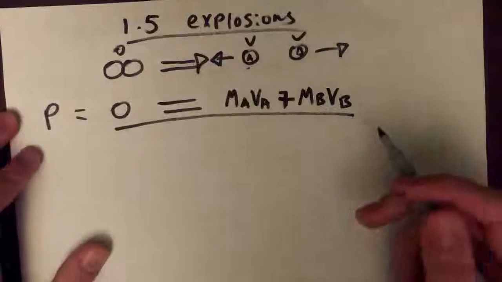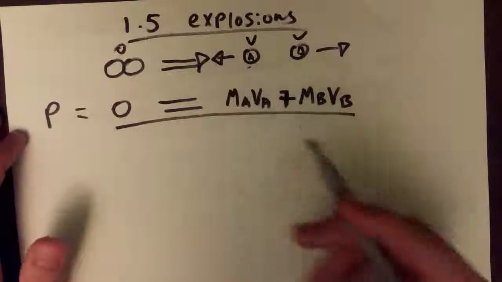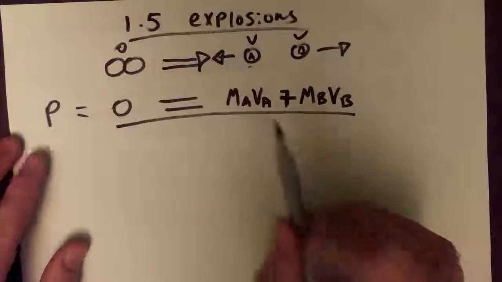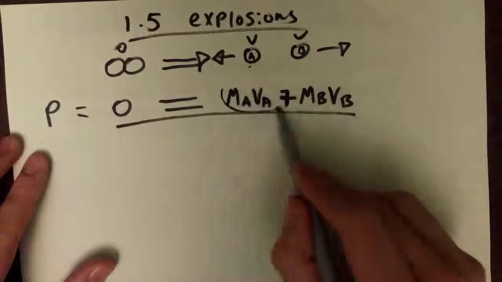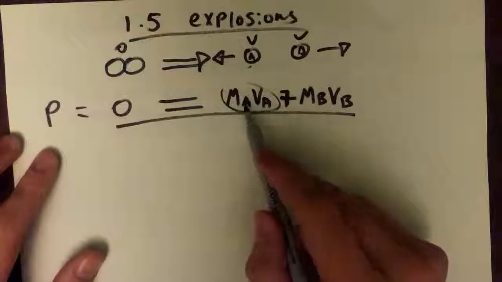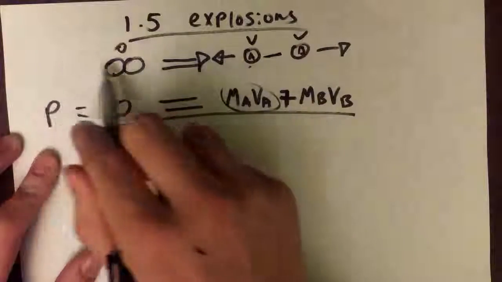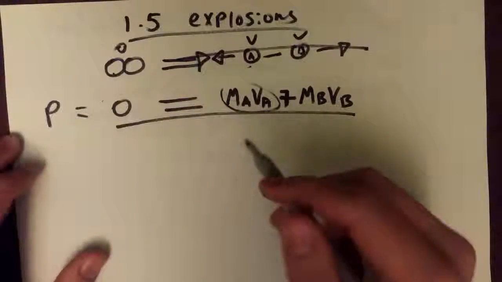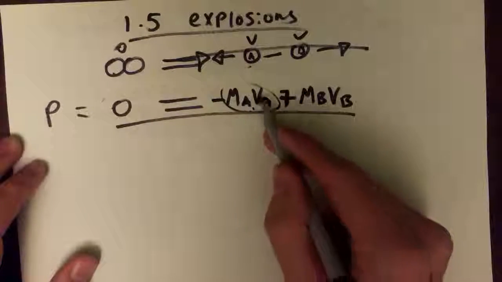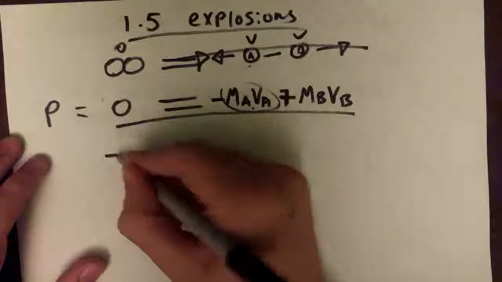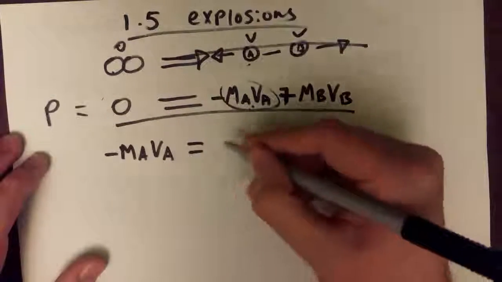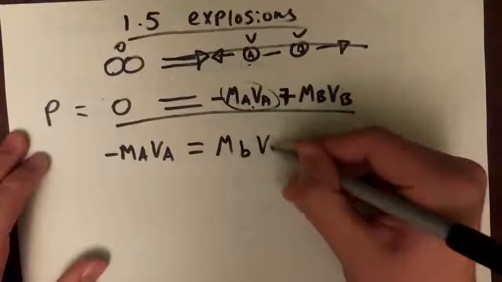Now, this doesn't look like it should work, because it doesn't look like momentum is conserved, but to make this work, we move the momentum over to the other side of the calculation. If we ignore this for now, and just look at the calculation, moving this, we would have to take away MAVA, so we would have minus MAVA equaling MBVB.